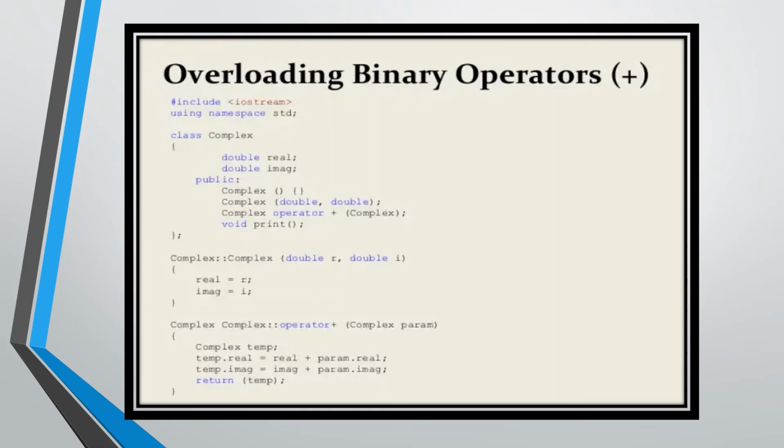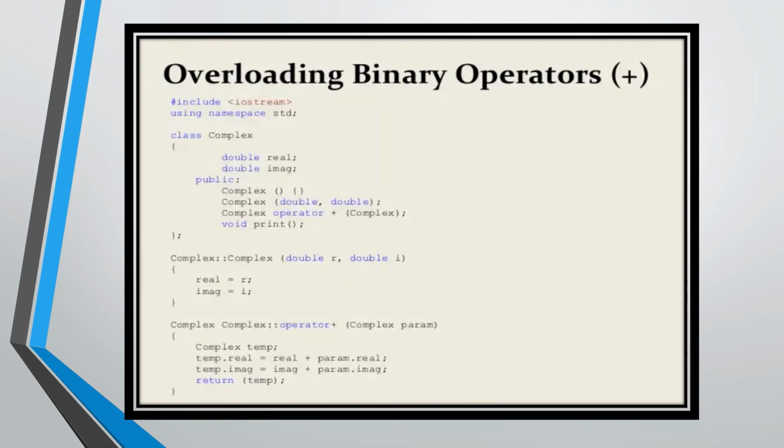So here I am writing the statement temp dot real is equal to real plus param dot real. Temp is the variable which is used to store the addition of the real part and the addition of the imaginary part. So in the real part, temp dot real is equal to real plus param dot real.